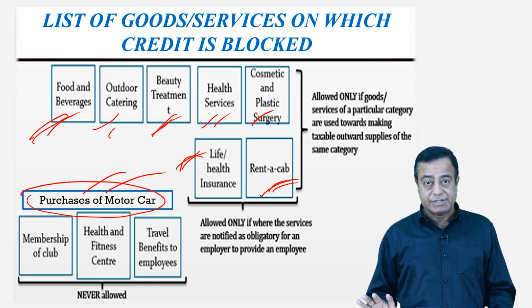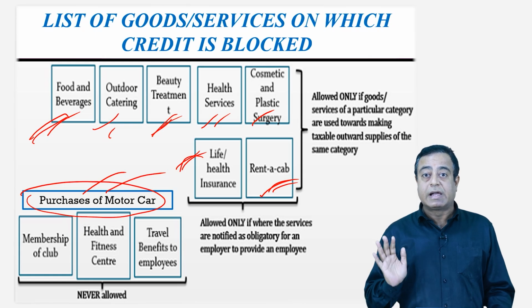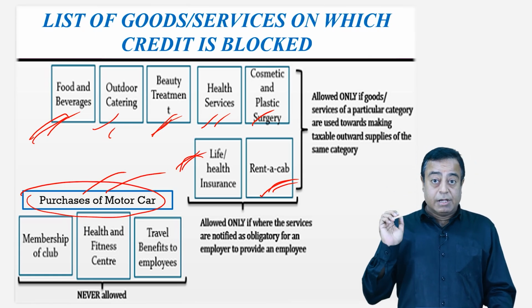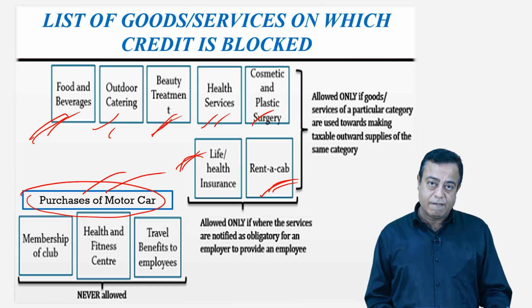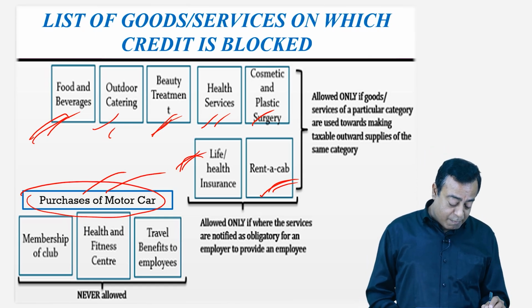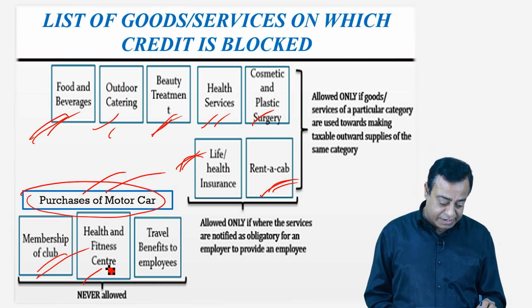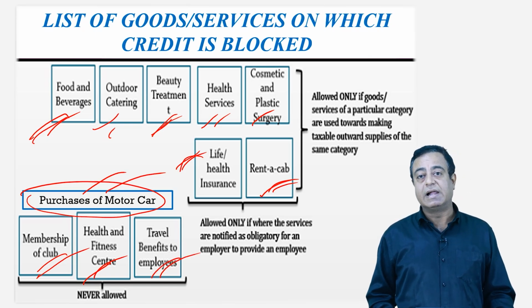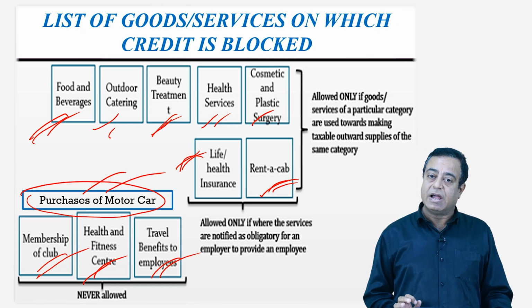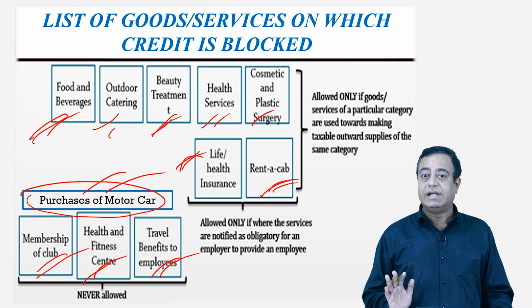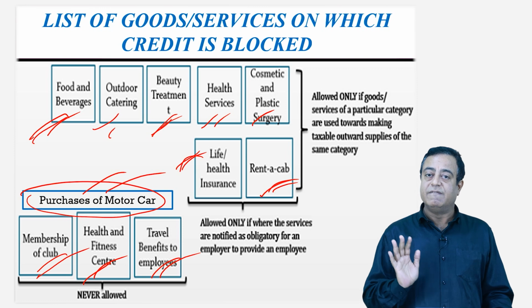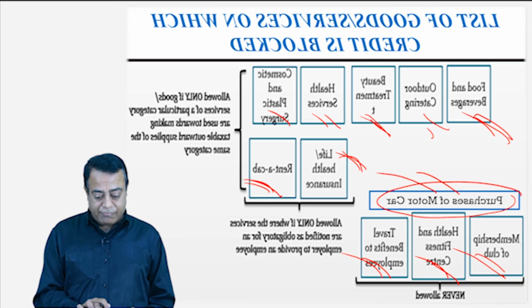Some other points: membership of a club, health and fitness center, travel benefits to employees. All these cannot be claimed as ITC, even if they are related to business.